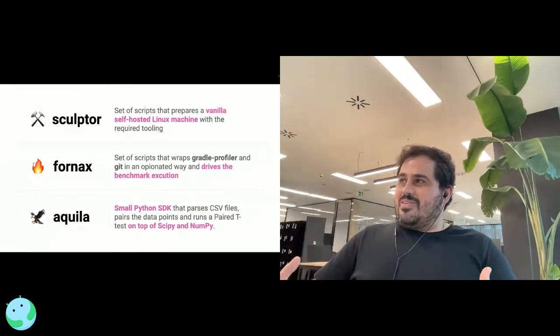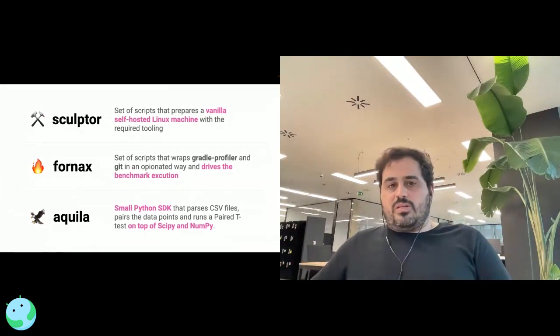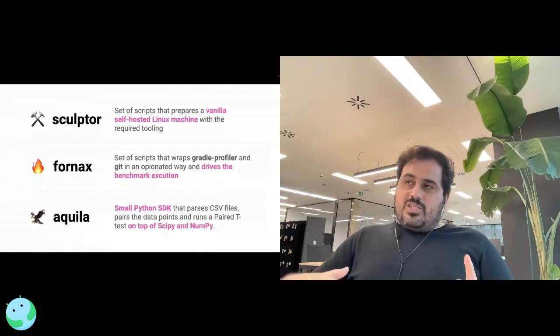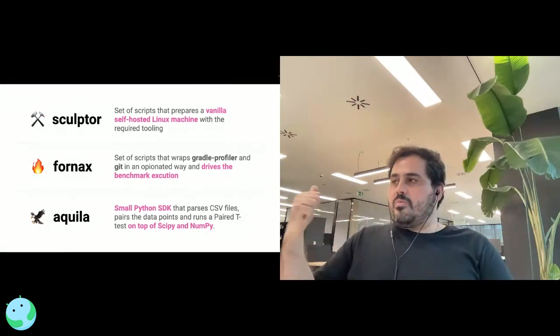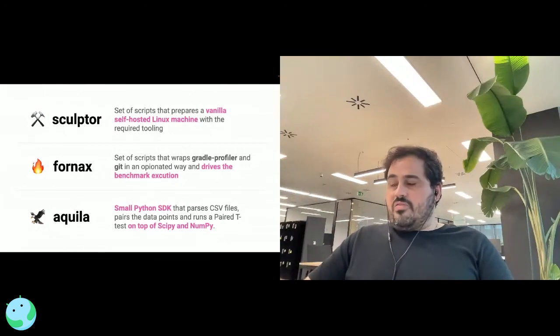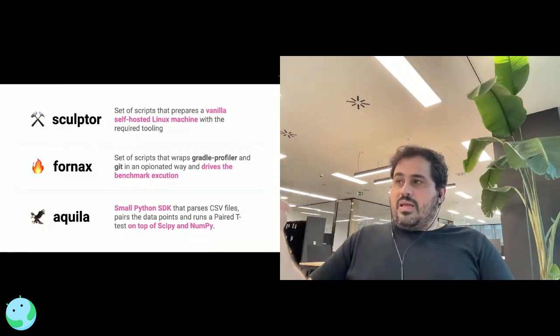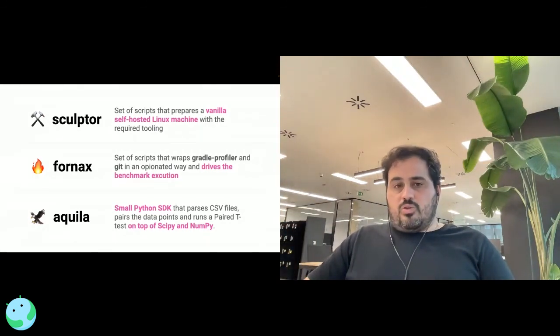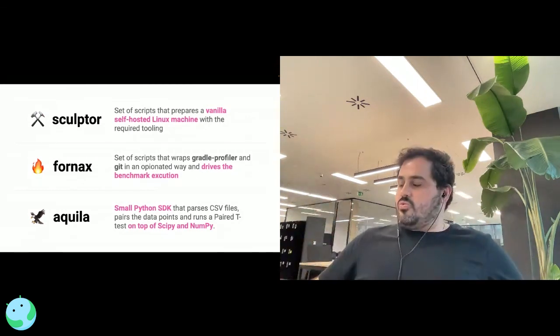It wraps the Gradle Profiler, wraps Git as well, and drives the execution in an opinionated way. And Aquila is a small Python SDK. This Python SDK will parse the 2 CSV files that we grab from the benchmark execution. We pair the data points, and we run the parity test on top of SciPy and NumPy, which are consolidated tools in the data science world.